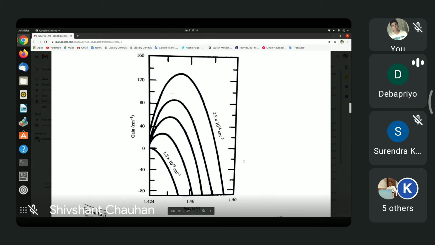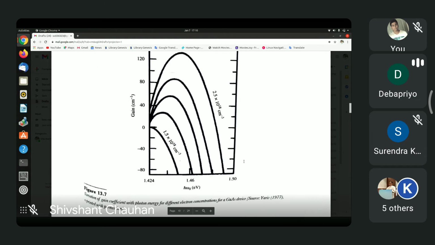So gain is plotted along the y-axis, and along the x-axis is plotted this quantity, which must be h nu. I cannot see, I have to really expand this.